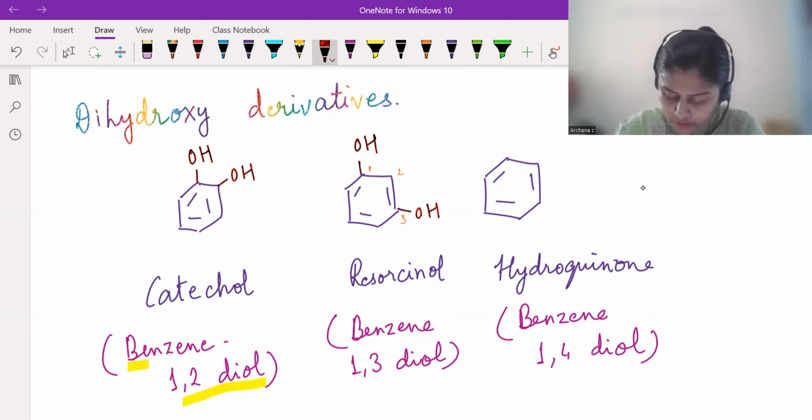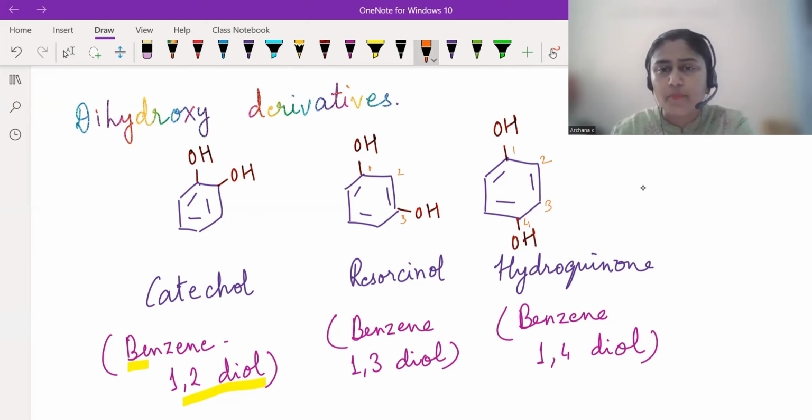So benzene 1,3-diol is nothing but resorcinol, another dihydroxy derivative. The third in the list is hydroquinone, which is 1,4-diol. That is, one OH group is at first position of the benzene ring and the second OH group is at the fourth position of the benzene ring.